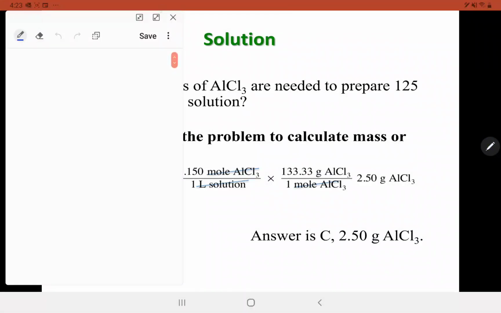Let's say you are making a nice solution of potassium nitrate.